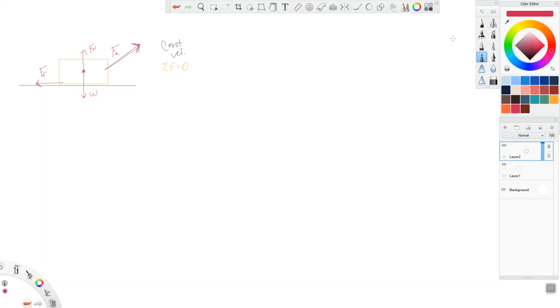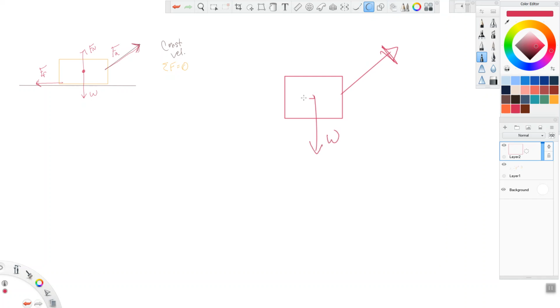And let's do that. So let's draw my little box. Let's draw my force applied upwards to the right. Make sure your arrowheads connect.